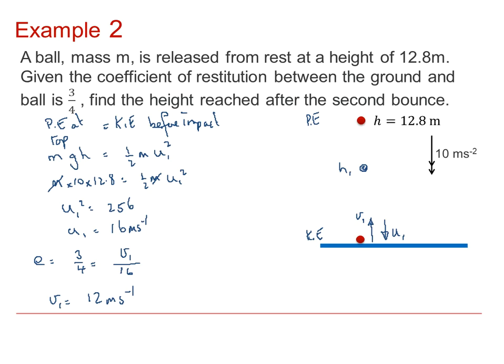At the second impact again we'll get e is 3/4, which will be equal to the speed of separation, which I'm going to call now v2, divided by the speed of approach, which will be equal to 12. Therefore v2 is equal to 3/4 of 12, which is equal to 9 meters per second.